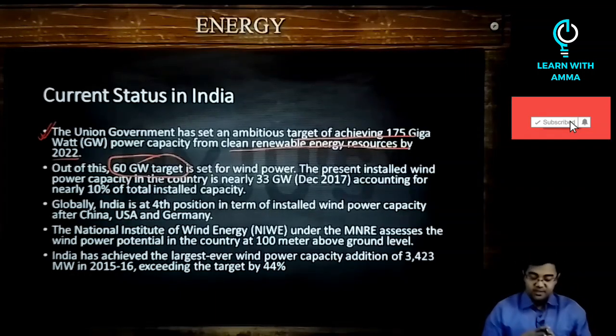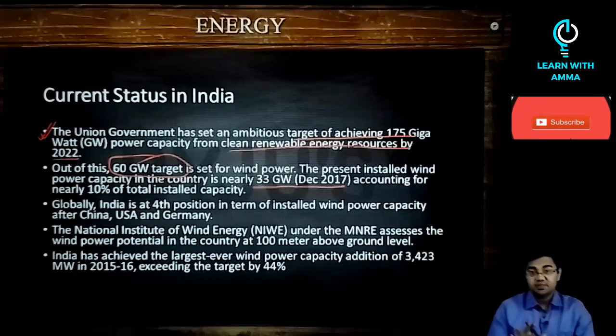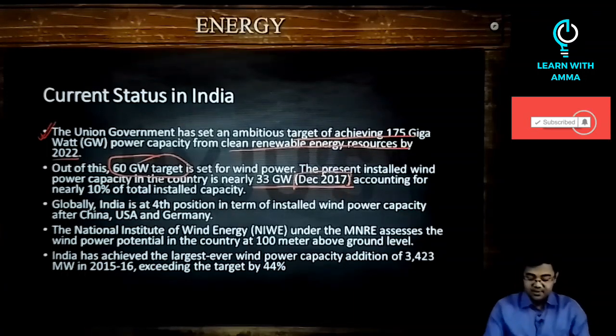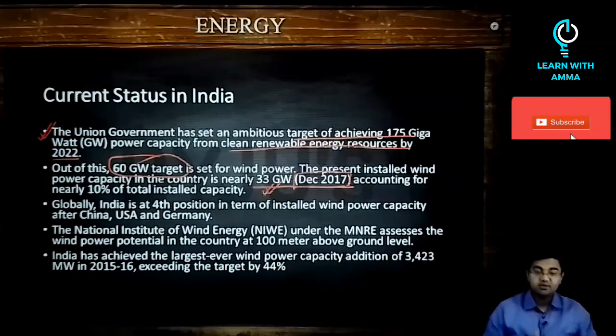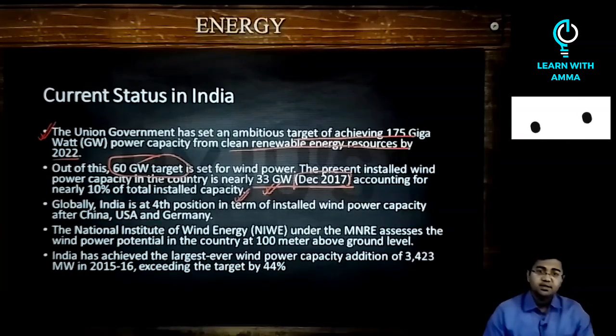The present installed capacity of wind in India is nearly 33 gigawatt, as of December 2017, and this is basically 10% of the installed capacity.